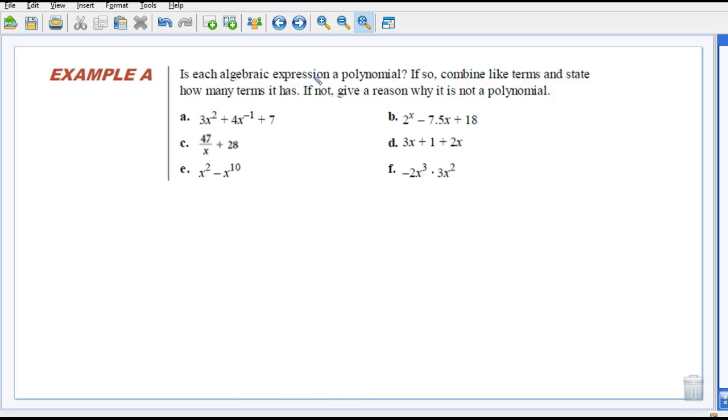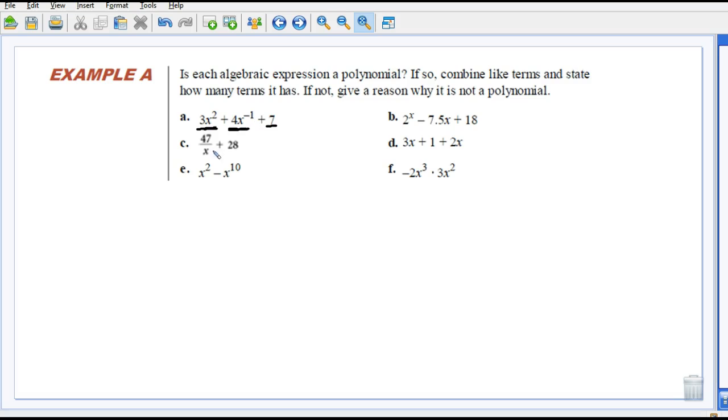Example A says, is each algebraic expression a polynomial? If so, combine like terms and state how many terms it has. If not, give a reason why it's not a polynomial. Alright, so the first one, 3x squared plus 4x to the negative 1 plus 7. Well, this one does not look okay because negative 1 is not what we want. It can't be a negative. And the 7 is okay.